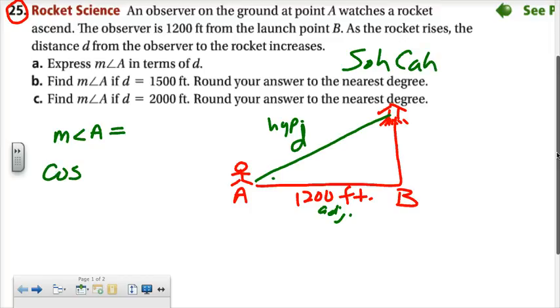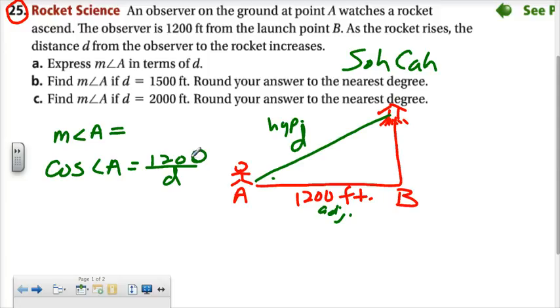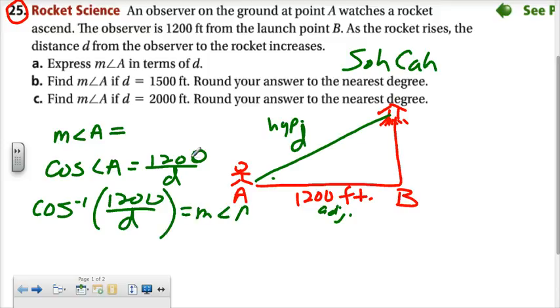So the cosine of angle A equals 1200 over d. All right, now what I need to do is use the inverse function of 1200 over d, and that will get me the measure of angle A. So back up here where I started writing all of this, that is our formula. So then B says, now use it.